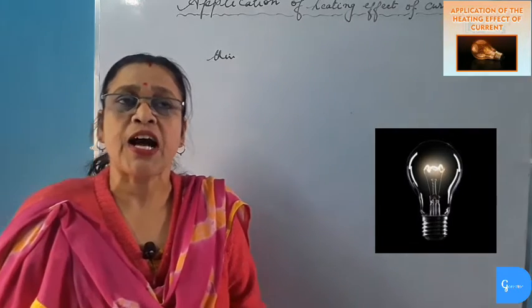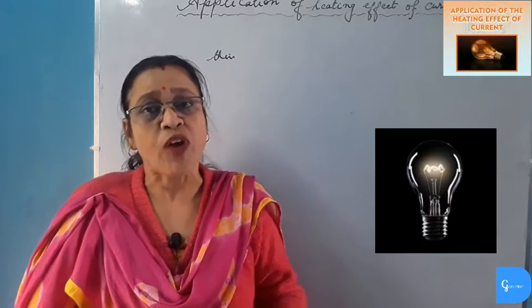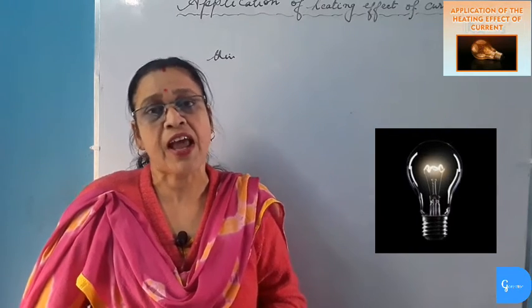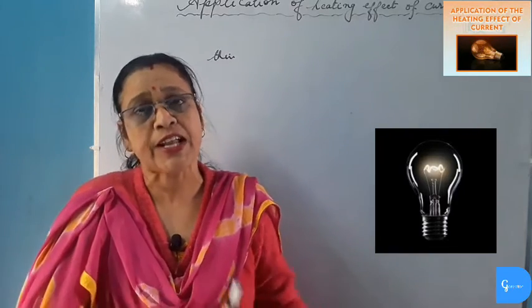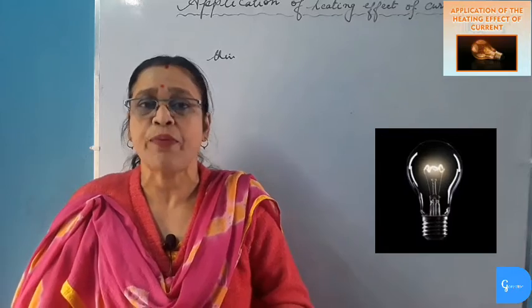So when electric current passes through this tungsten wire, then it becomes white hot and emits light, which is actually infrared light emitted by the electric bulb. So in electric bulbs, electric energy is converted into heat energy and light energy, and thus it emits light.